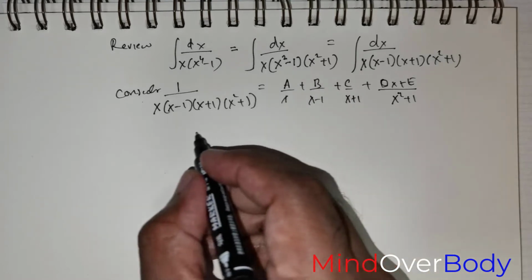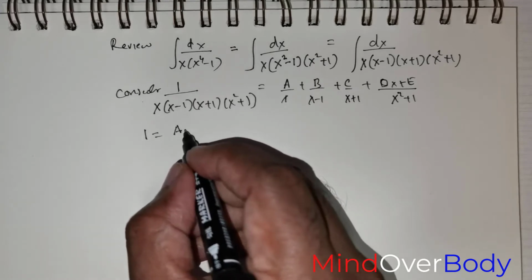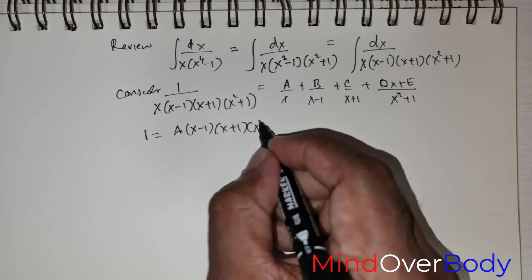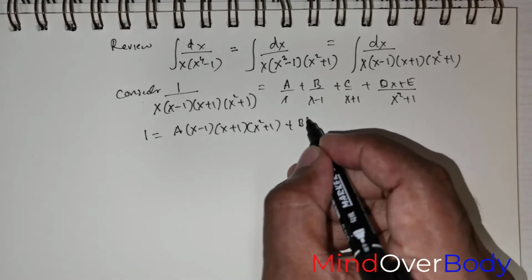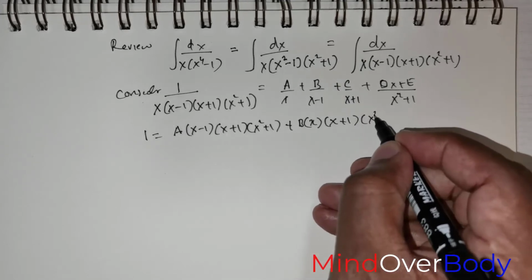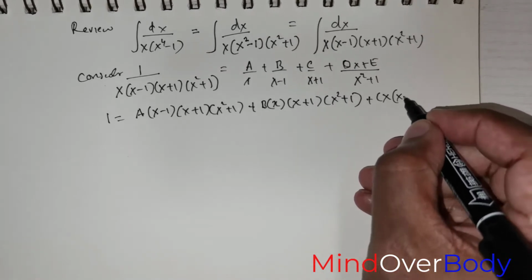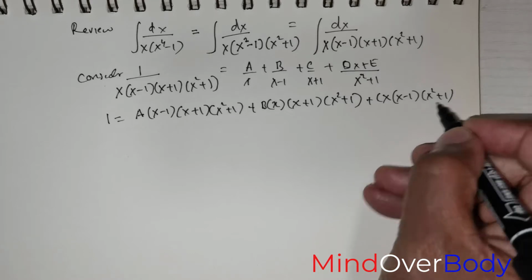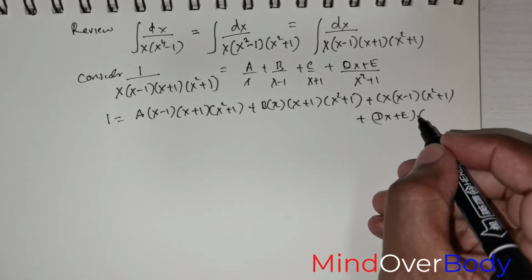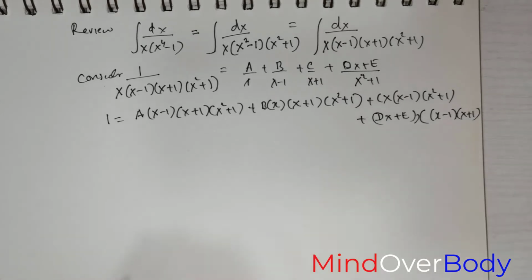Now if I were to cross multiply, I would get 1 is equal to a times (x minus 1)(x plus 1)(x squared plus 1) plus b times x times (x plus 1)(x squared plus 1) plus c times x(x minus 1)(x squared plus 1) plus (dx plus e) times x(x minus 1)(x plus 1). So this is what we have got.